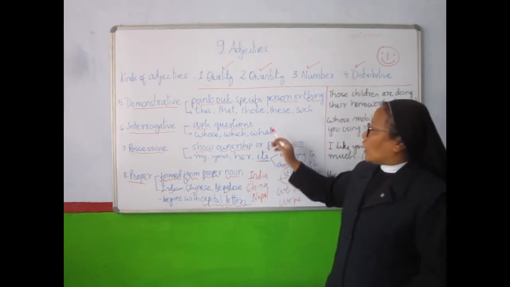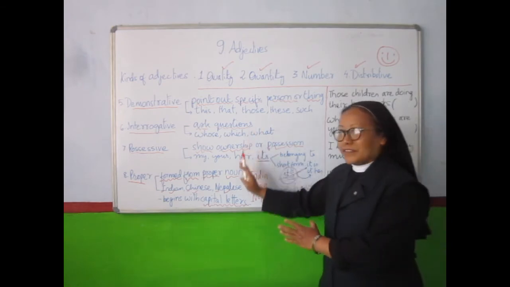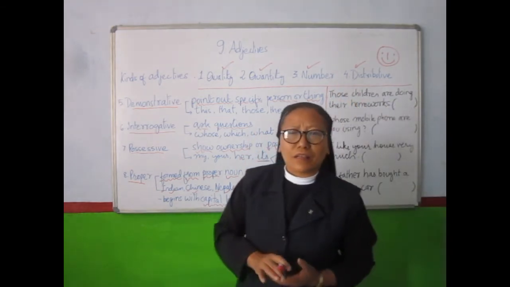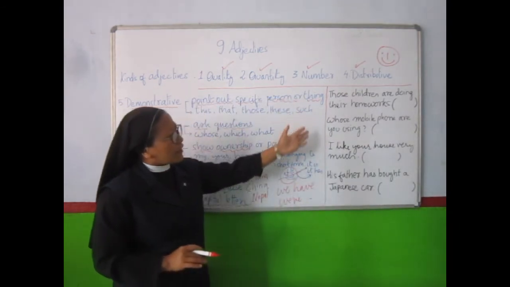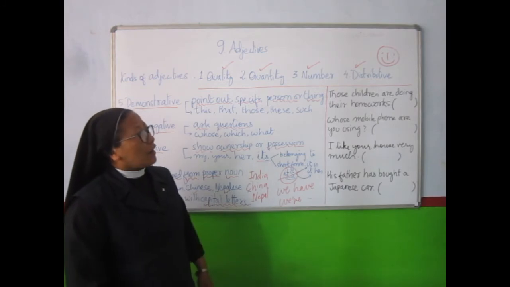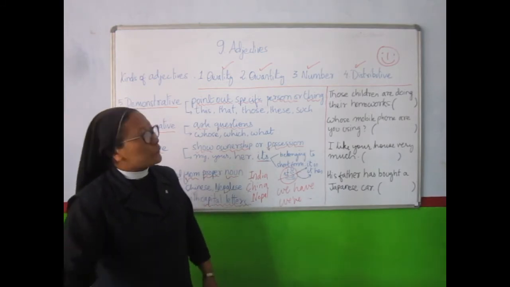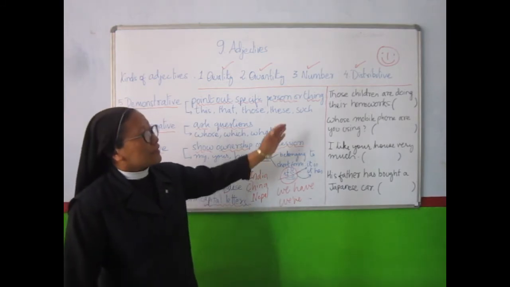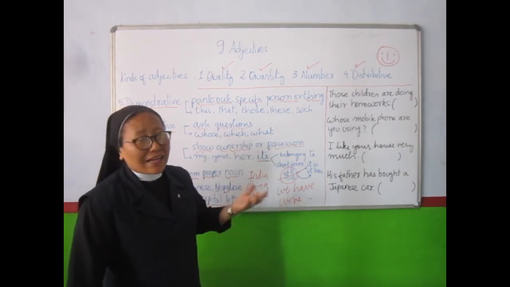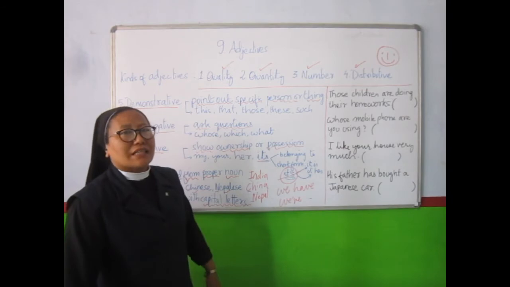So children, now after having done all this, I would like you to pay attention to this. There are 4 little sentences. I would like you to spot the adjectives here. Which word is the adjective in each of the sentences?